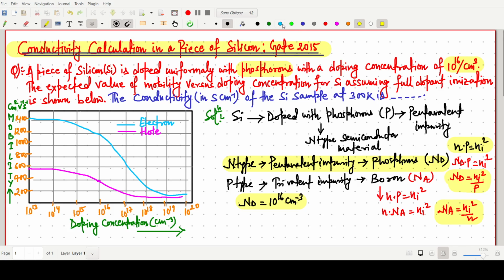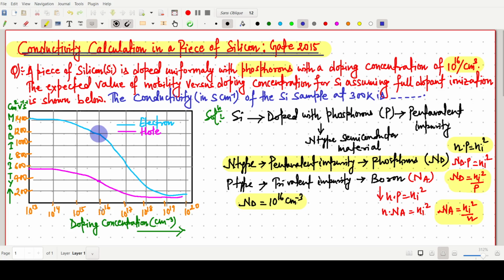So we can easily identify, for the doping concentration 10 to the power 16, and in our case our material is n type. In n type, electron will be the majority charge carrier. So we have to think about this electron curve only.